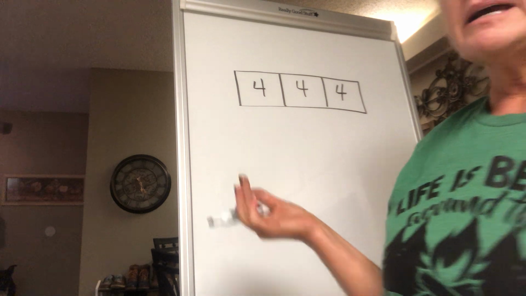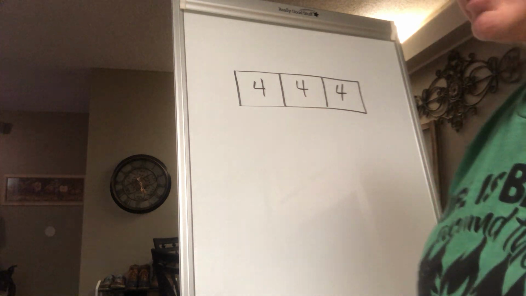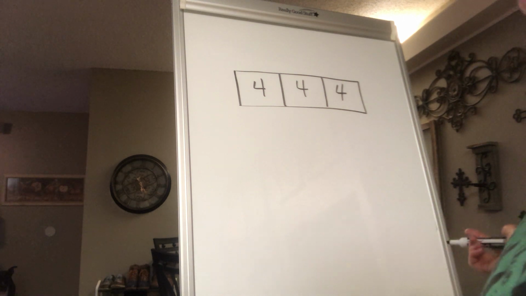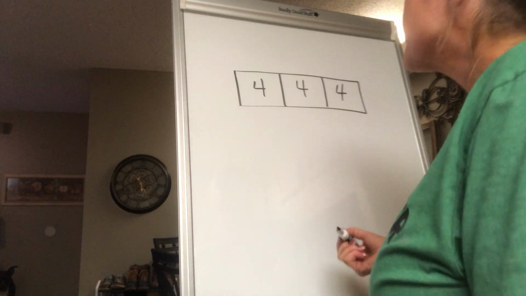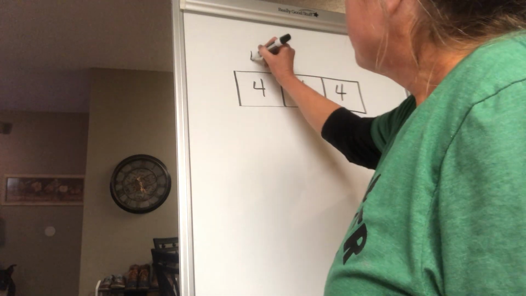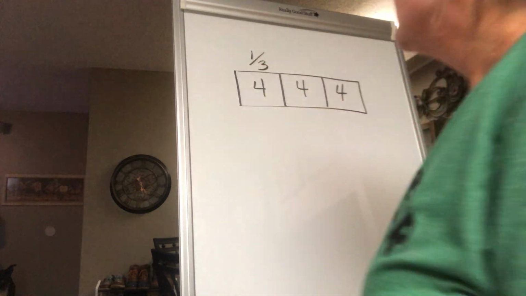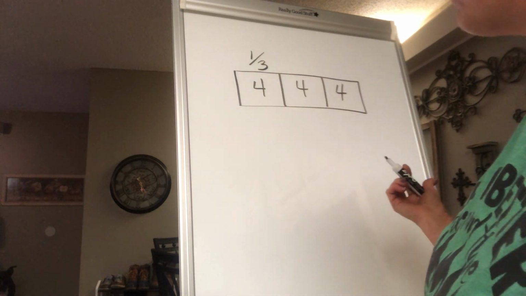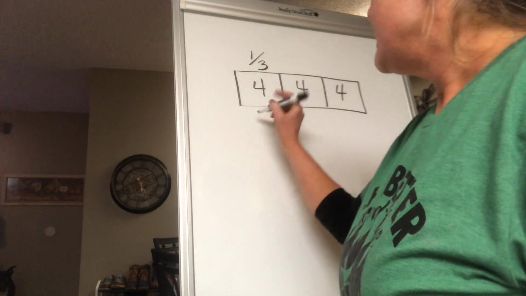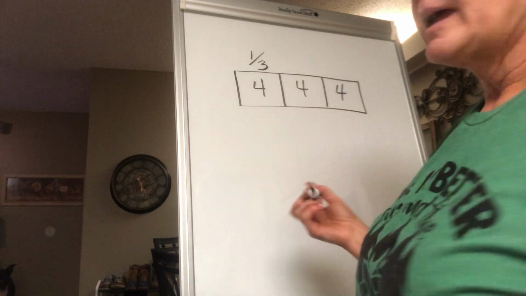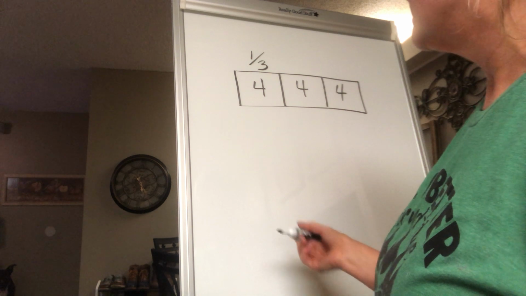Now, you can have a lot of different case scenarios going on in your head right now, lots of different little stories, but one easy little story we could say is that this is the 3rd of my trip that I'm taking. Each third was 4 miles long. How long did I drive altogether?